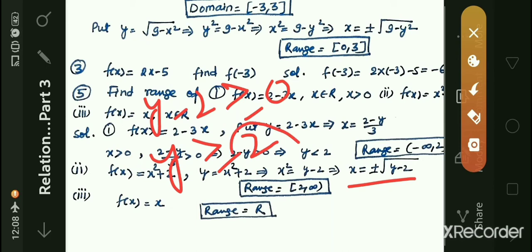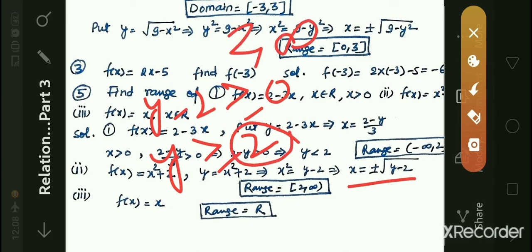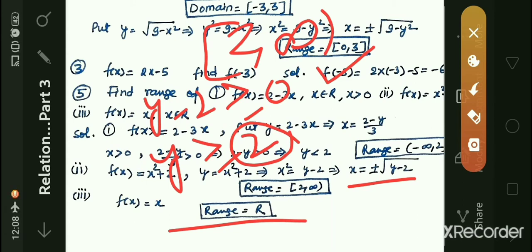So the range will be y from 2 to infinity. And in part third, as I told you, this is an identity function, and its range will be R.